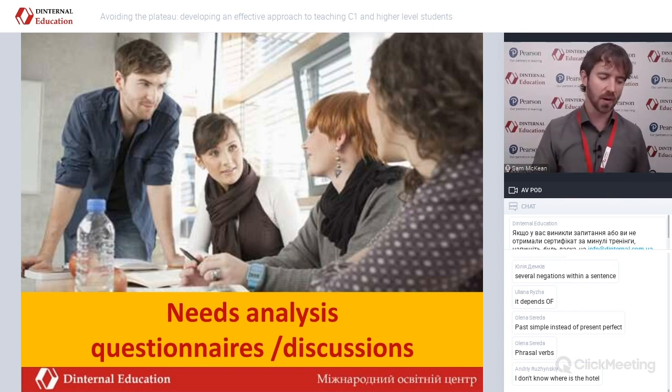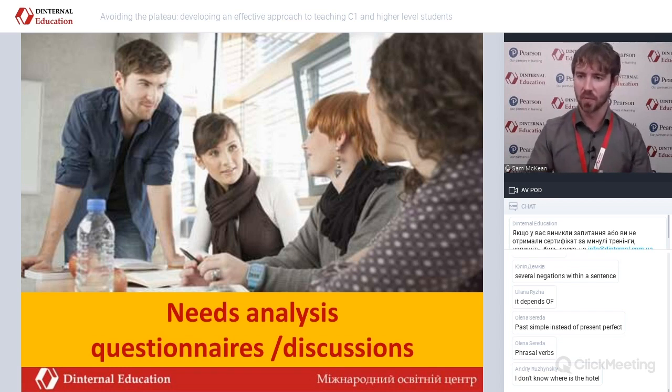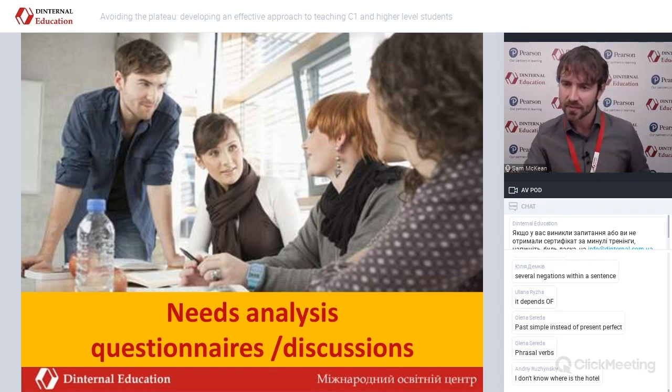So these are a very effective way of finding out what our students perceive to be their main weaknesses. So do any of you use needs analysis questionnaires with your students at the moment? You can let me know in the chat box.